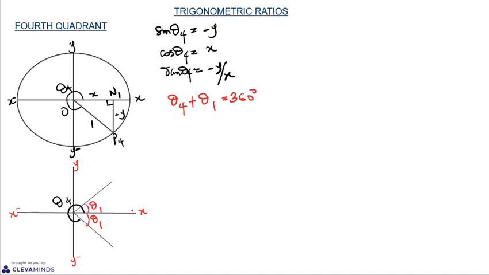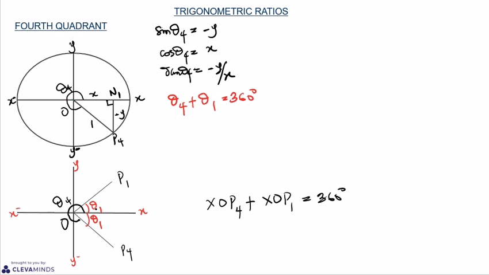Can you see that? So what are we trying to say? Remember that this is center O. So we are saying that XOP4 plus XOP1 equals what? 360 degrees. That's what you are trying to say by writing this.